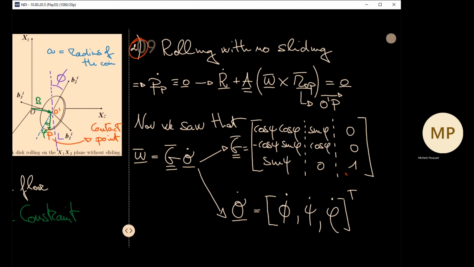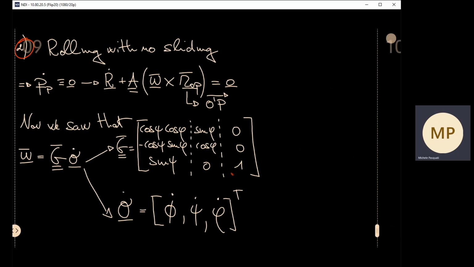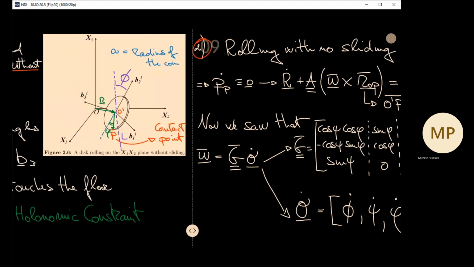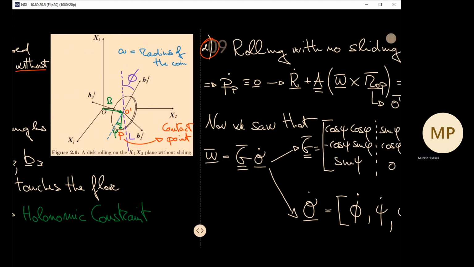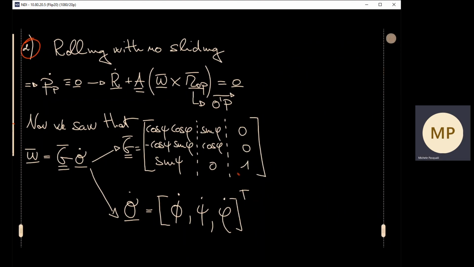Let's try to see the coin from the perspective of B3. If we do that, we can draw it like this. This is our floor. This is our coin. Should be round, but it is not.